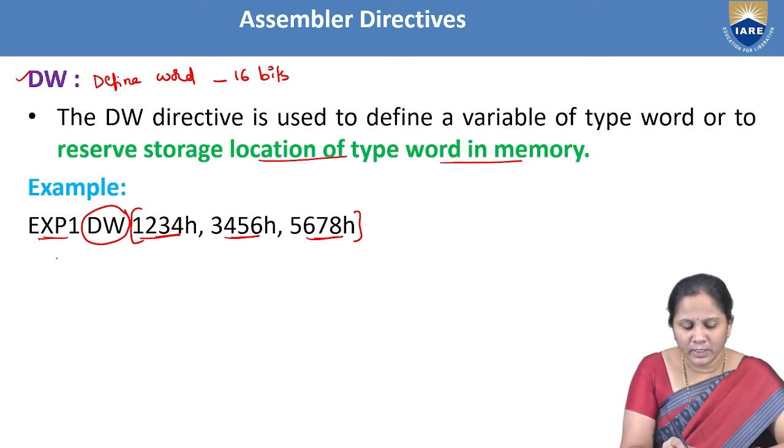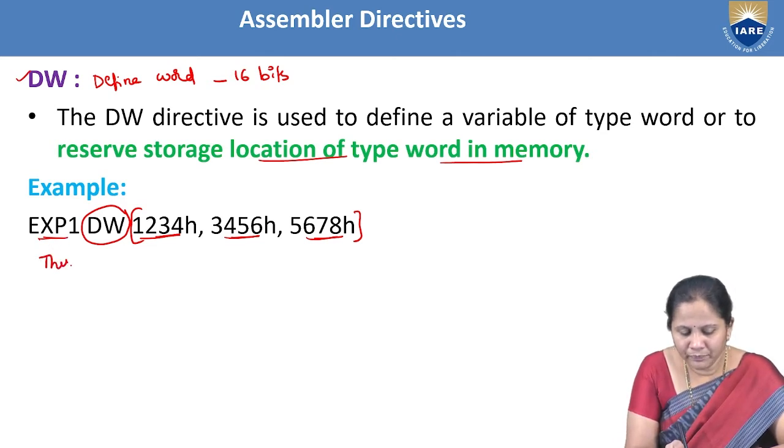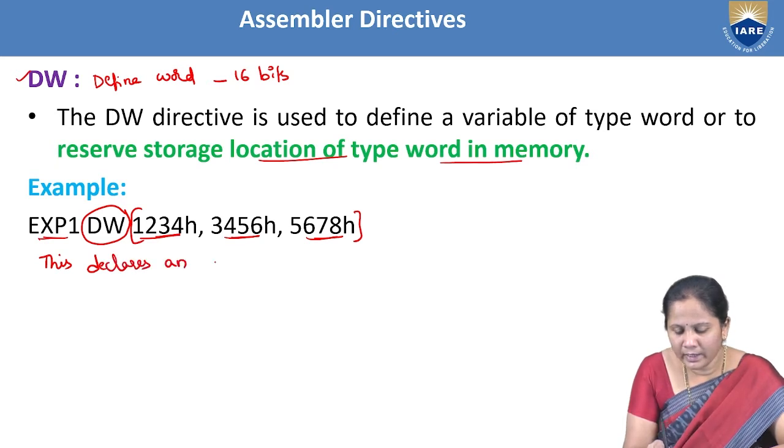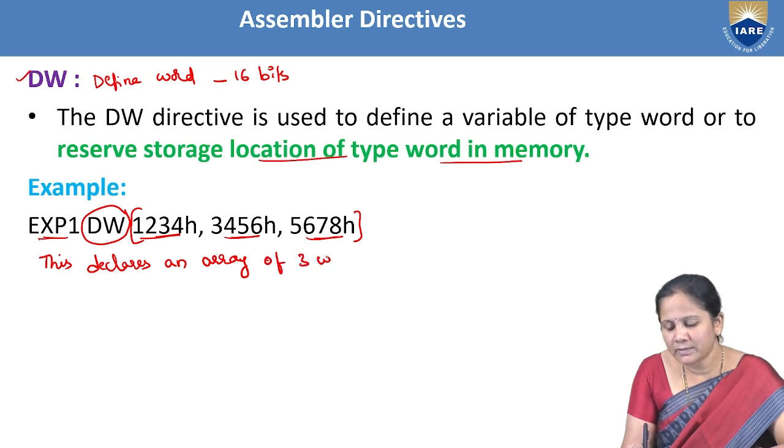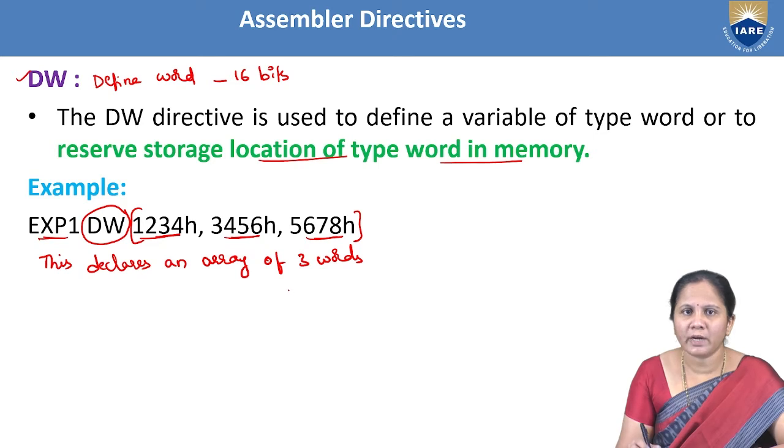So here this declares an array of 3 words. Word means 16 bits. So it is an array of 3 words. Why? Because here this is the first word, second word and third word.